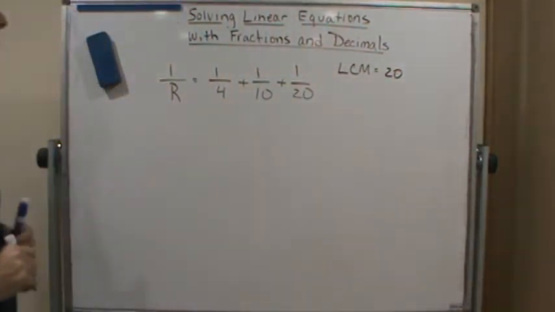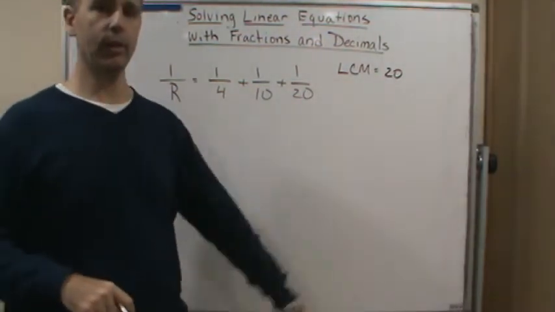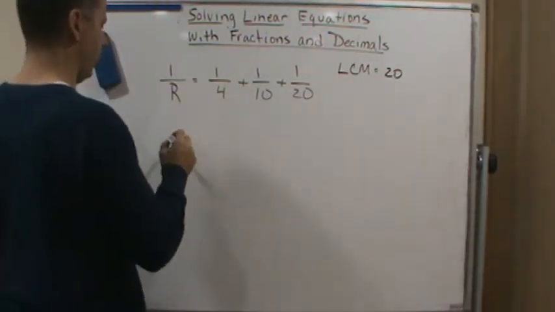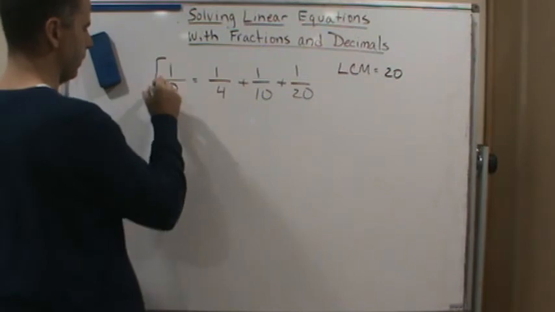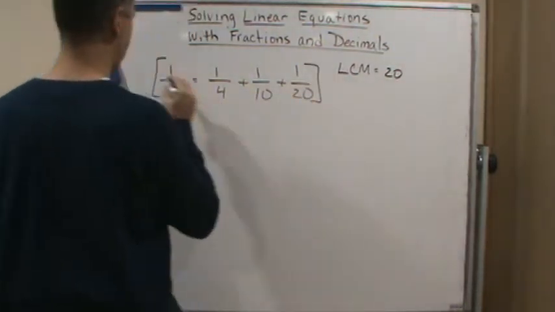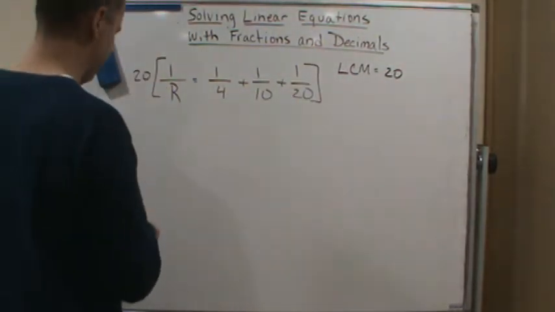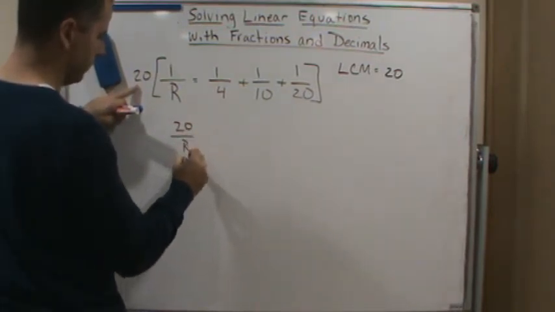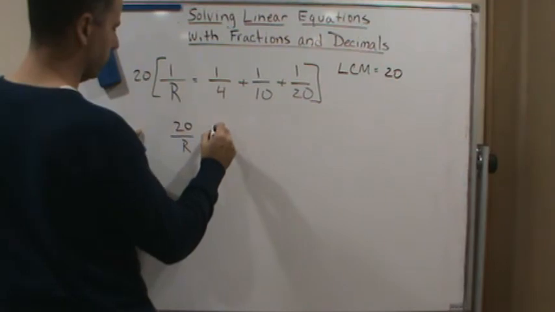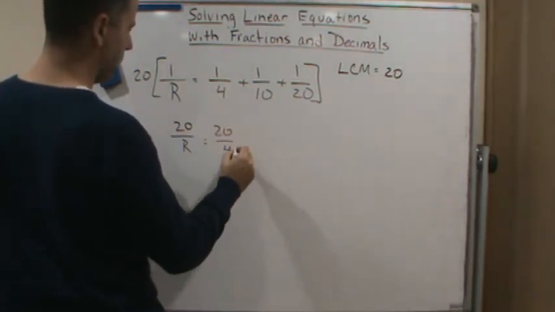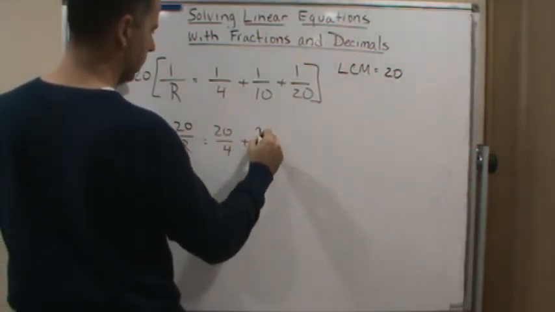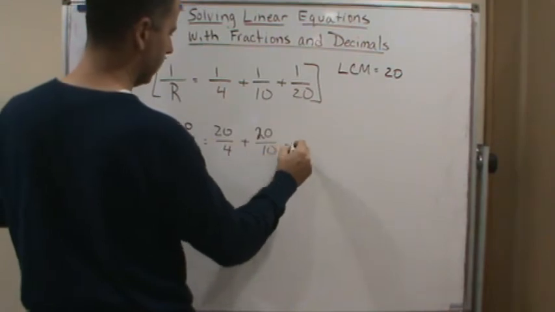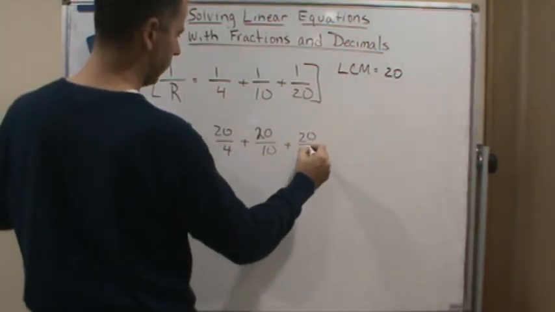Now, I'm going to multiply everything by 20. If I do that, I get 20 over R equals 20 over 4 plus 20 over 10 plus 20 over 20.